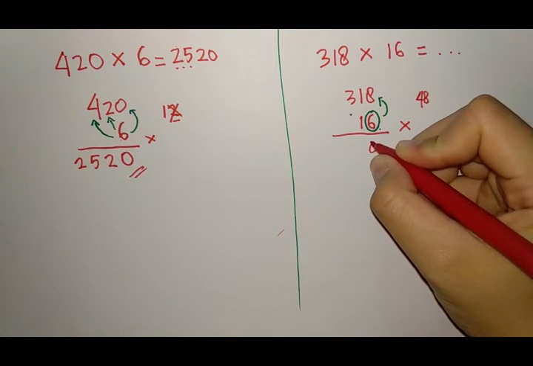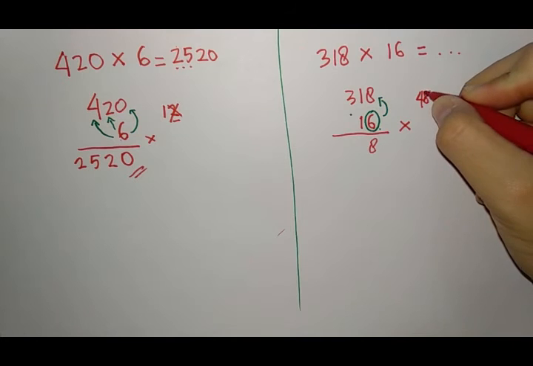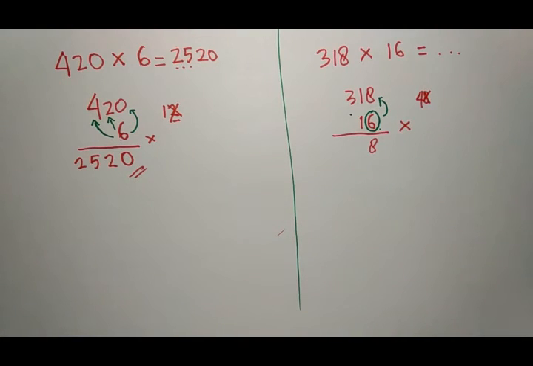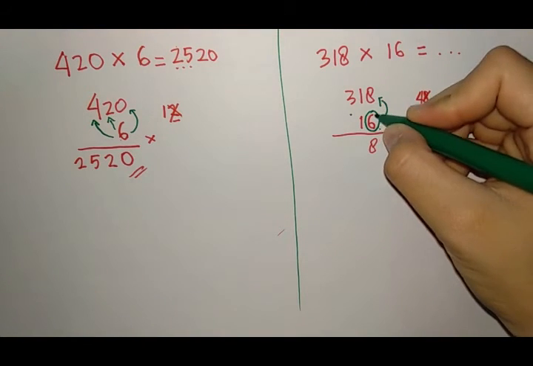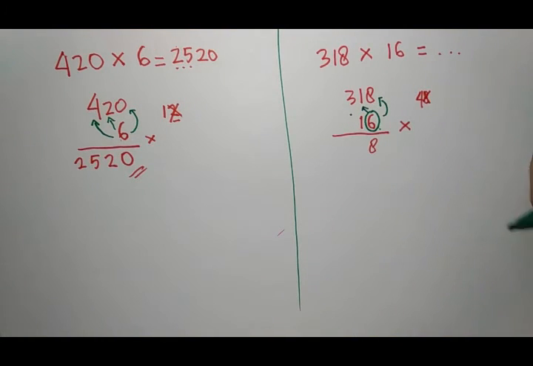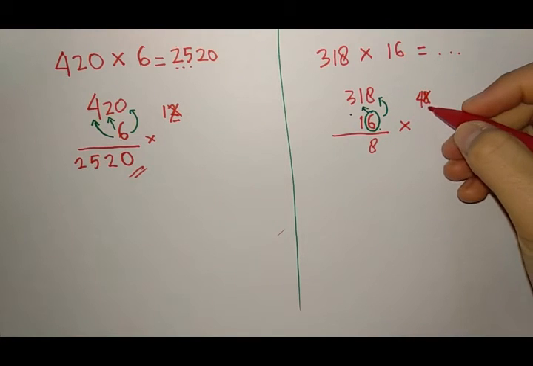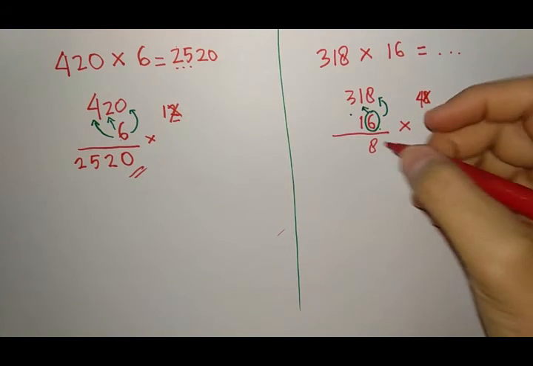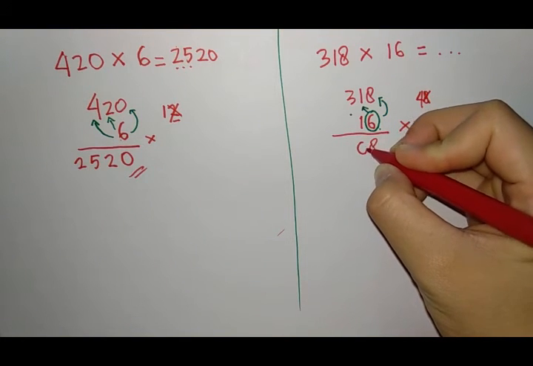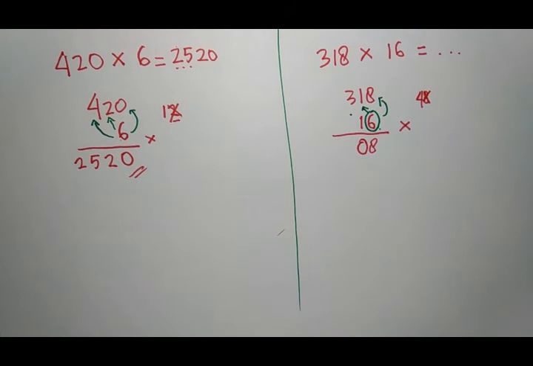So place 8 here, erase it, and we still have 4. And then still focus on the 6. After we multiply 6 by 8, we have to multiply 6 by 1. 6 times 1 equals 6, and then don't forget plus 4. 6 plus 4 equals 10. Good.